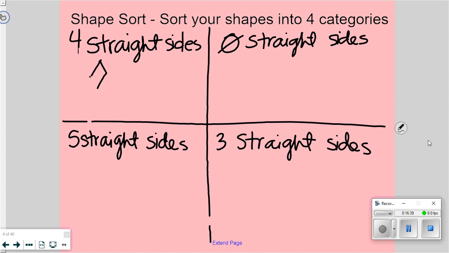All right, looks like Ariana picked the square in the 4 straight sides category. You should probably have that. Can I go look at it? Yeah, I would bring it with you. Colby, come put a shape that you put in the 3 straight sides category. I would bring the shape that you're going to draw with you.